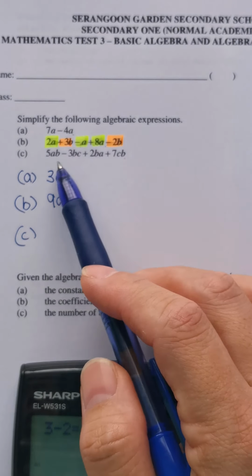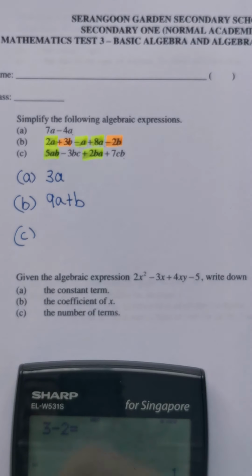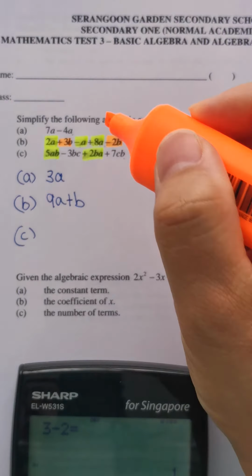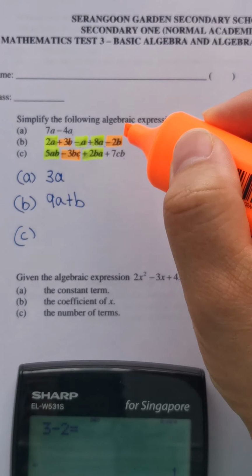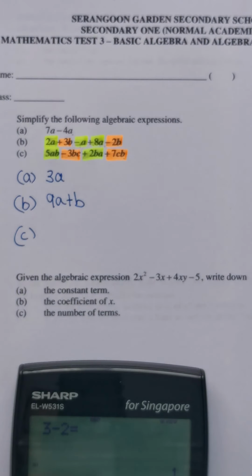Commutative law of multiplication: A times B is the same as B times A. So 5AB and plus 2BA belong to the same term. Negative 3BC and plus 7CB are also the same.